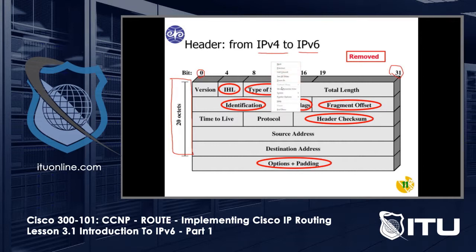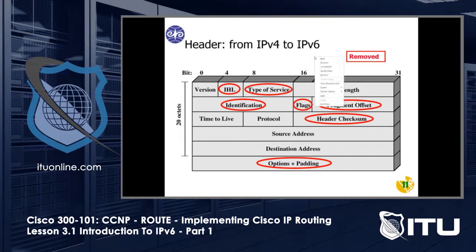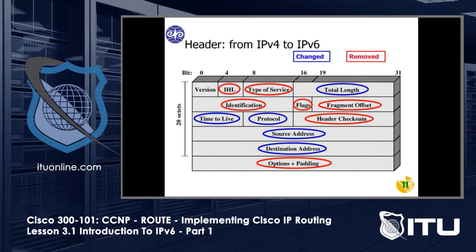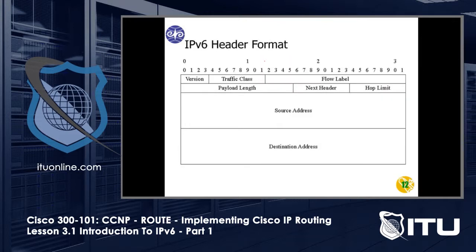Okay, so the IHL, type of service, identification, flags, fragment offset, checksum, and options and padding are removed. And what's changed is the TTL, protocol, total length, and source and destination addresses. All of this has changed from IPv4 to IPv6.